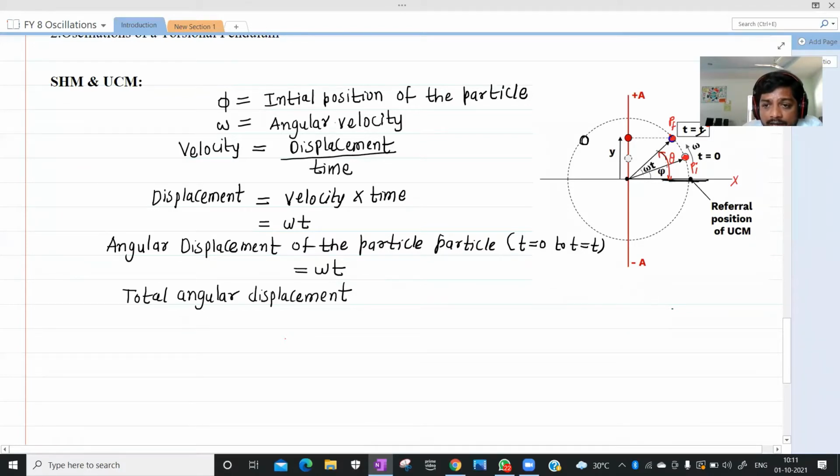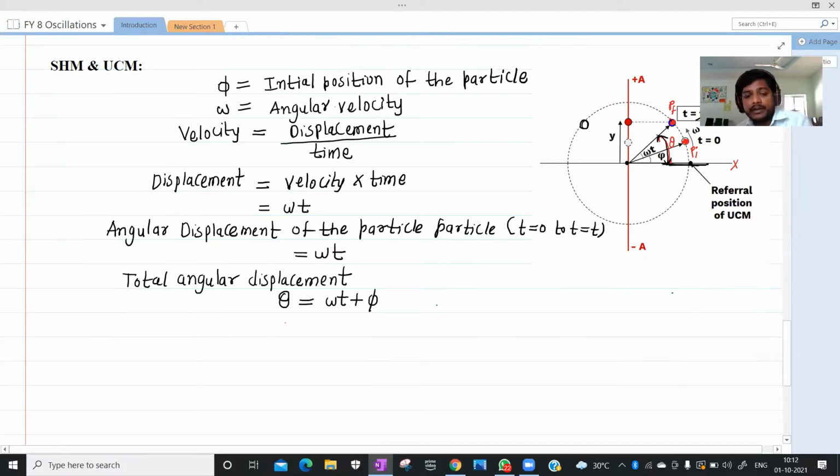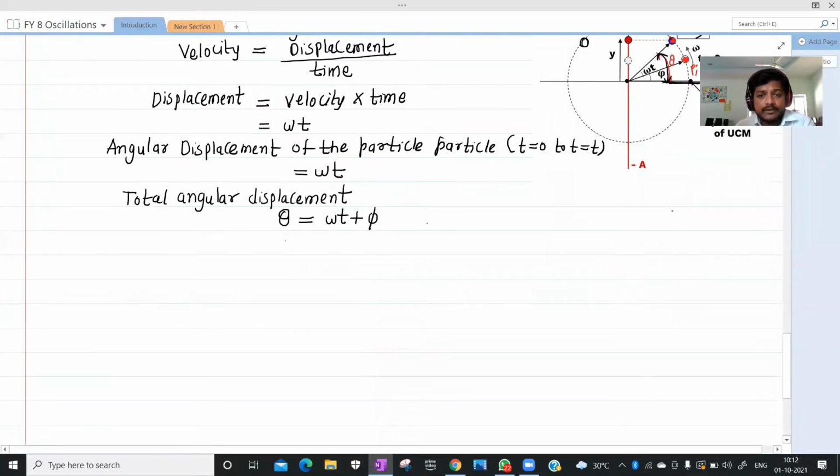This total angle is called the total angular displacement theta. Theta is the sum of omega t plus phi, where phi is the initial position of the particle.